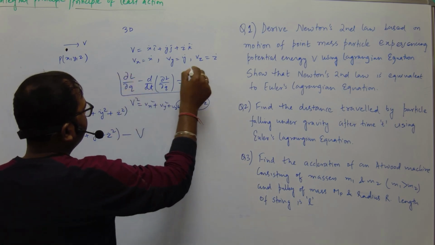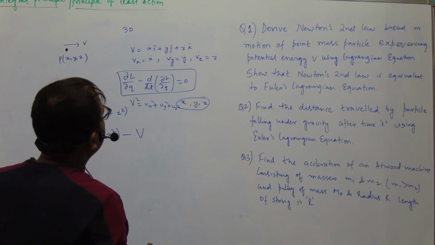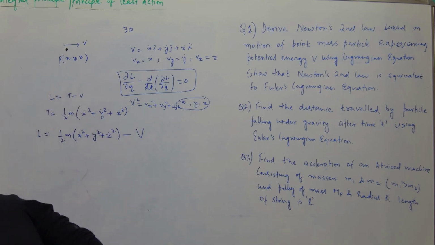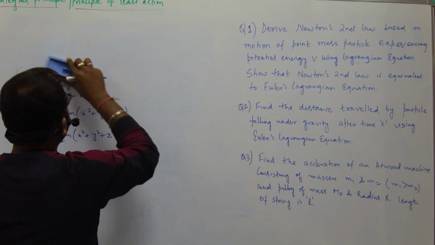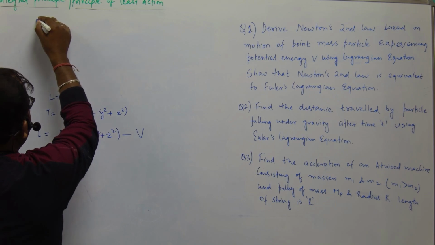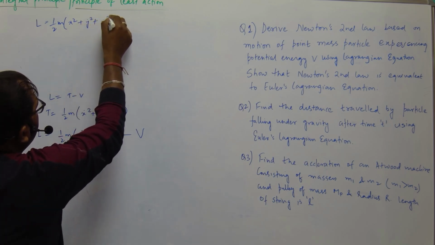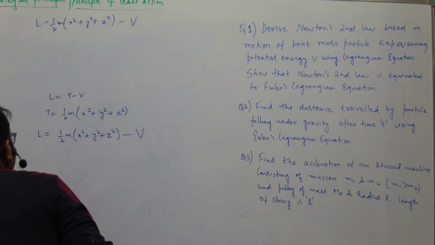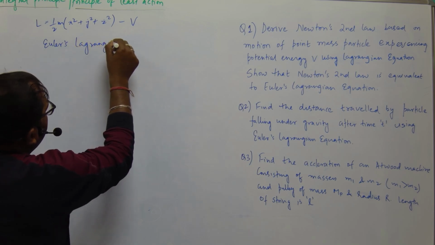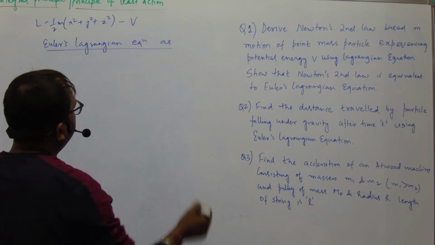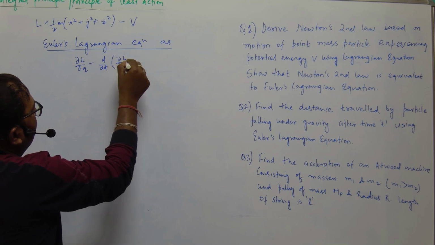So let us calculate this. We have the Lagrangian as half m times x dot square plus y dot square plus z dot square minus V. We have the Euler-Lagrange equation as del L upon del q minus d upon dt of del L upon del q dot equal to 0.